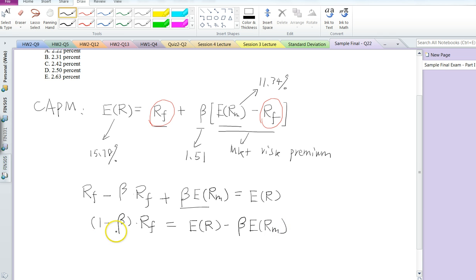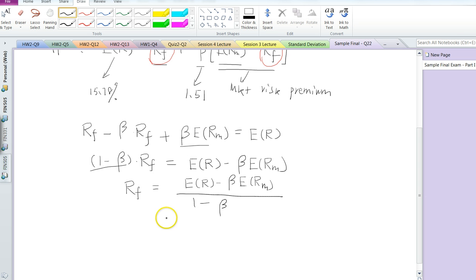Now if I divide both sides by 1 minus beta, I solve for RF. So RF equals the expected return on the security minus beta times the expected return on the market, divided by 1 minus beta.